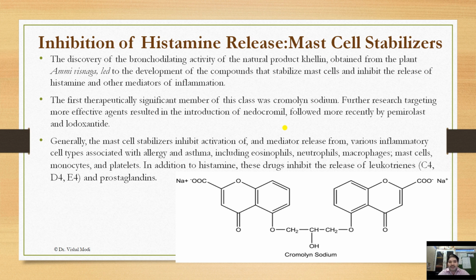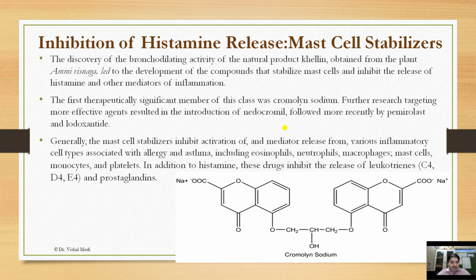The first therapeutically significant member of this class was cromolyn sodium. Further research targeting more effective agents resulted in the introduction of nedocromil, followed more recently by pemirolast and lodoxamide.